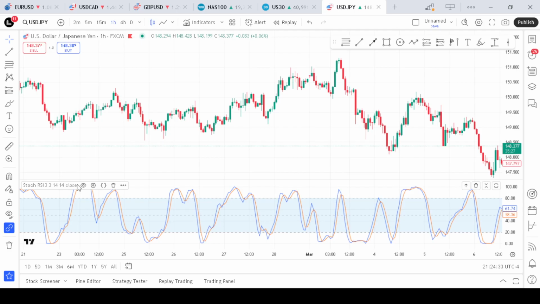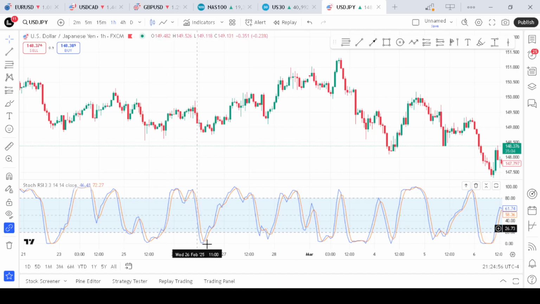This calculation essentially takes the current RSI value and determines where it stands relative to its recent highs or lows. The result is an oscillator that fluctuates between 0 and 100, providing you a clear visual signal about potential market reversals.